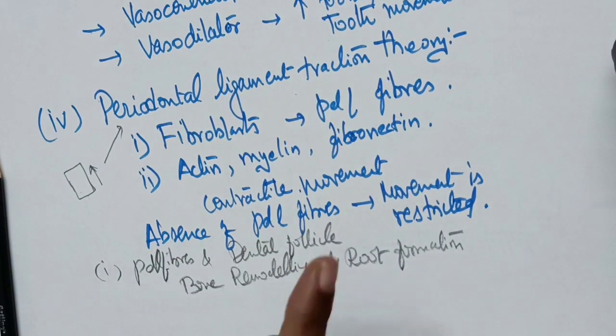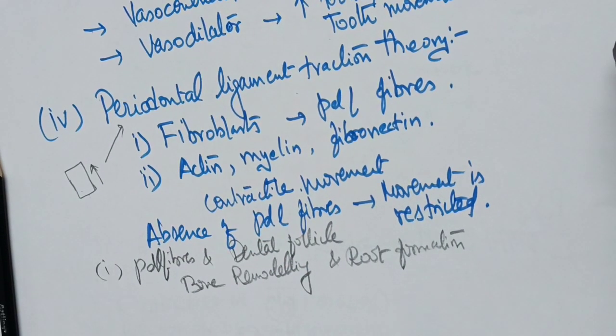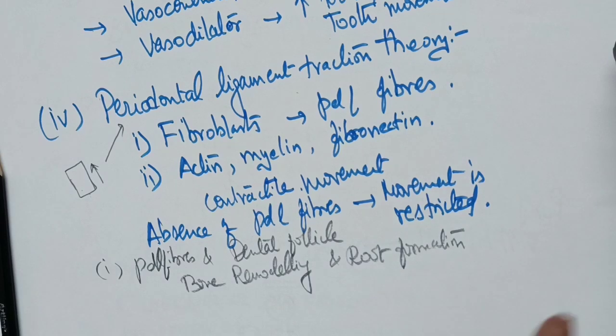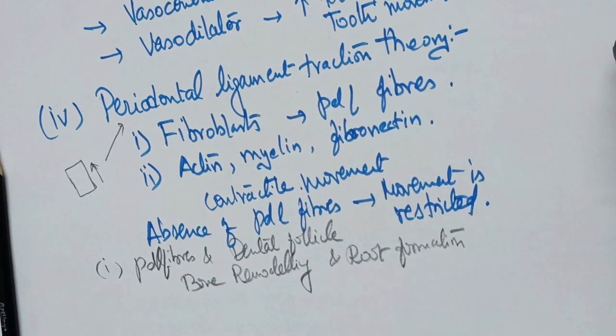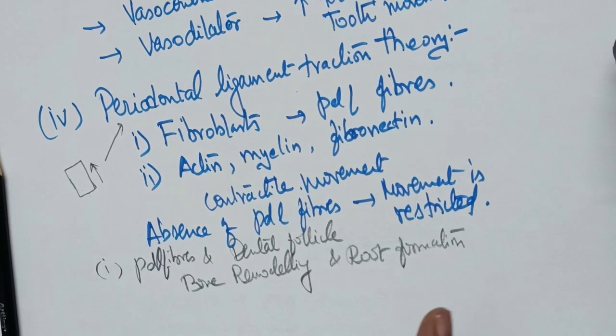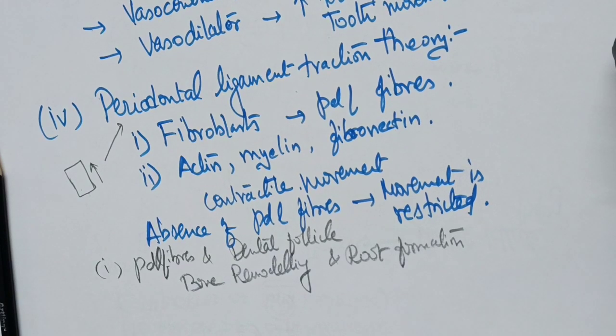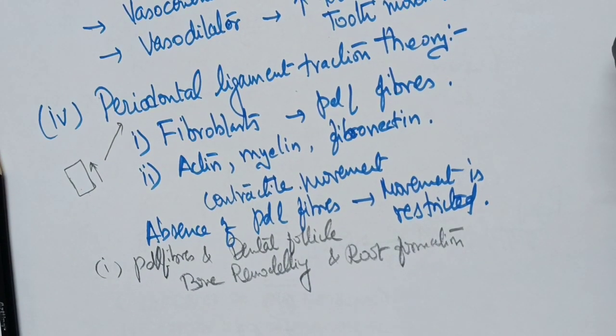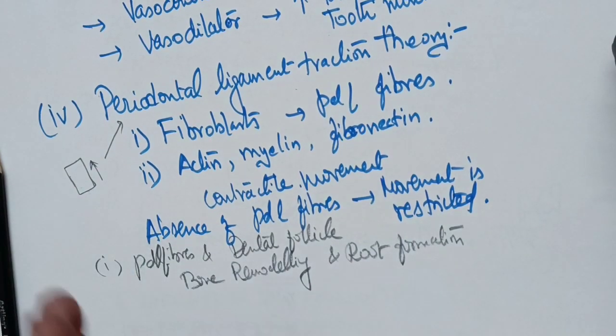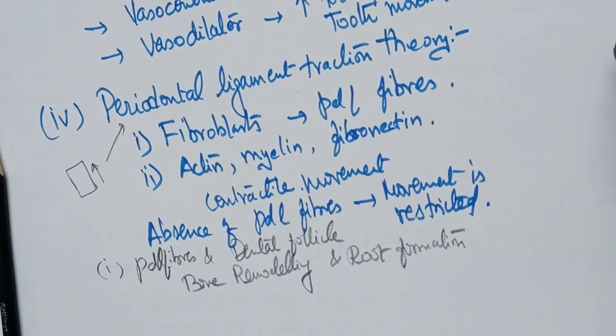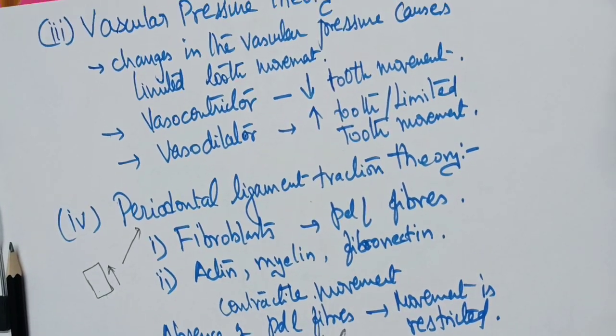Among them, transseptal fibers are essential for axial movement and adaptation to wear and tear during post-eruptive tooth movement. With the absence of transseptal fibers, or if you remove them, the movement is restricted or completely absent.